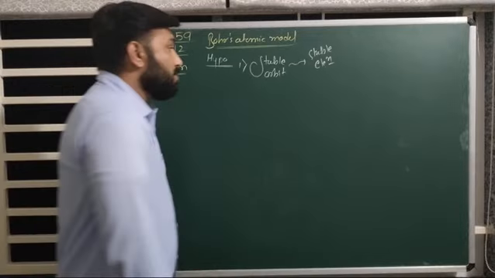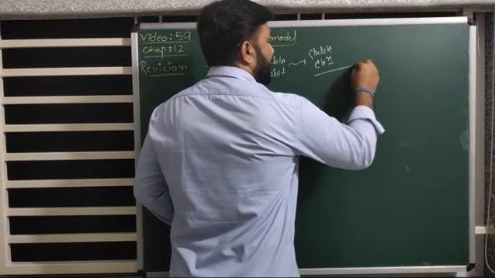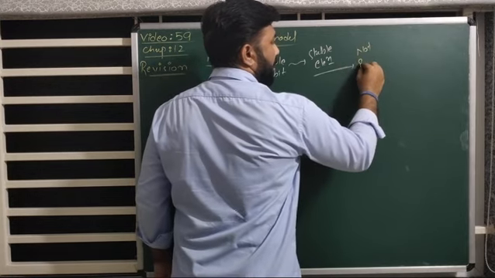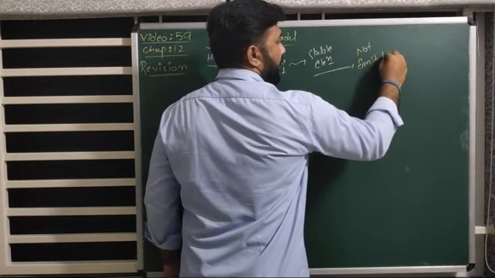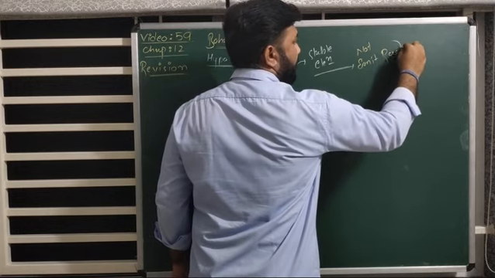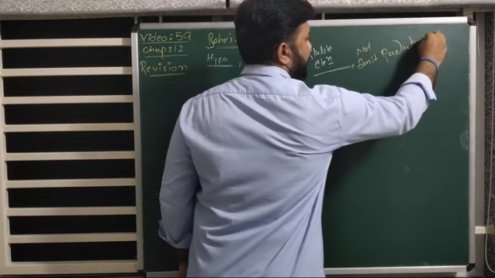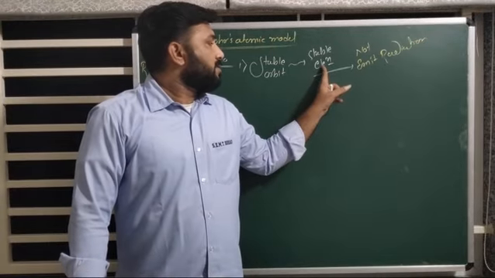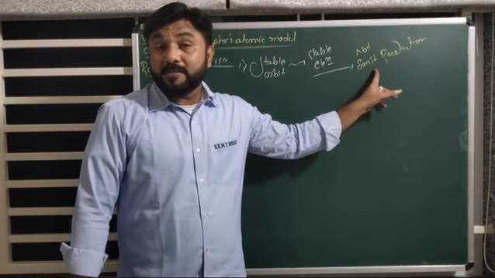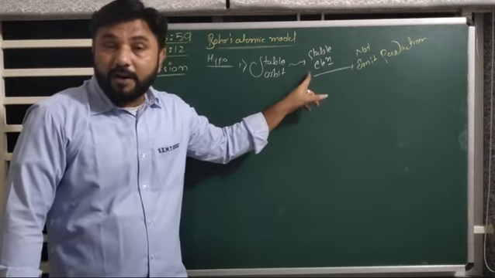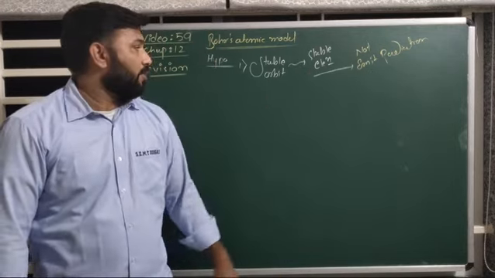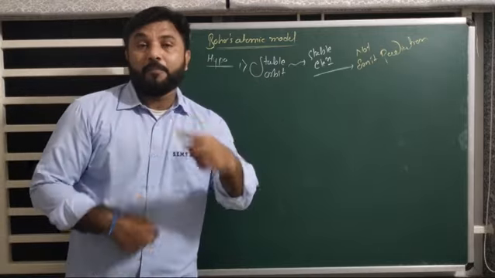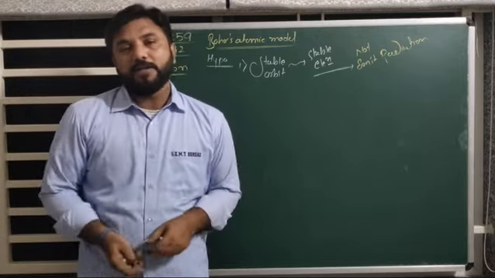Why stable electrons? Because these stable electrons do not emit radiation. So the problem is solved. The electrons do not emit radiation, so they are known as stable electrons, and these stable electrons orbit in a stable orbit in a circular path around the nucleus.